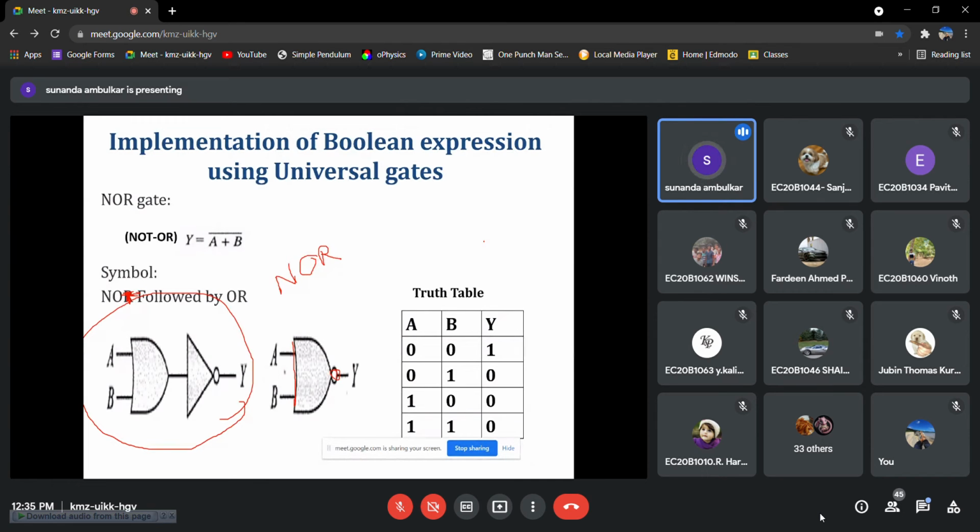Okay, so De Morgan's theorems 1 and 2 play a very important role while implementing any Boolean expression using the universal gates. Here, by the use of De Morgan's theorem, we will see how we can implement any Boolean expression in terms of those universal gates.